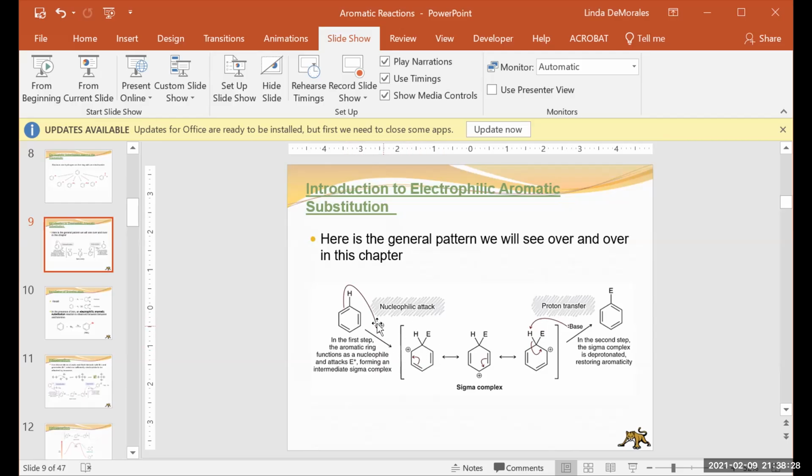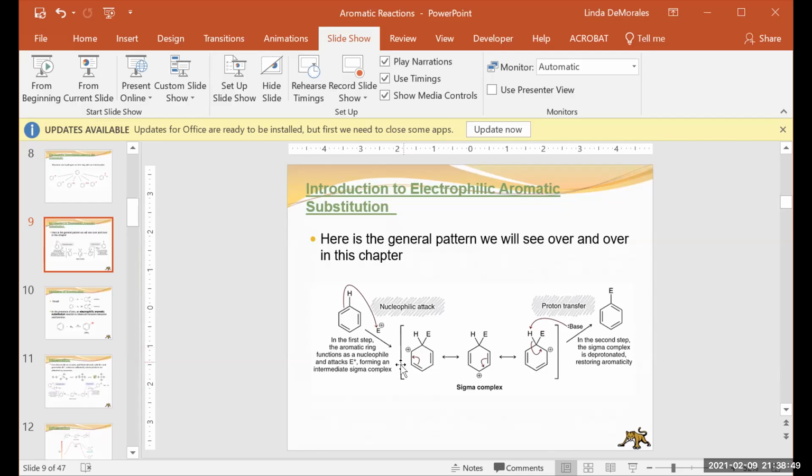And so connect the electrophile to your benzene ring and then form that sigma complex, which is an intermediate, not a transition state. It's an intermediate. And it's resonance stabilized. That's what enables it to be around long enough to be a bona fide intermediate.